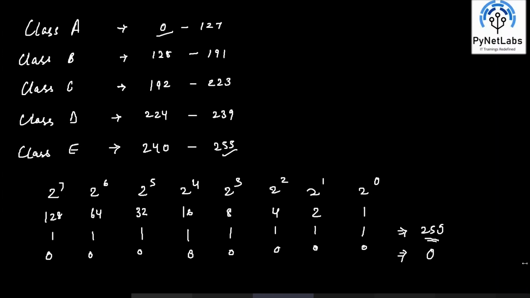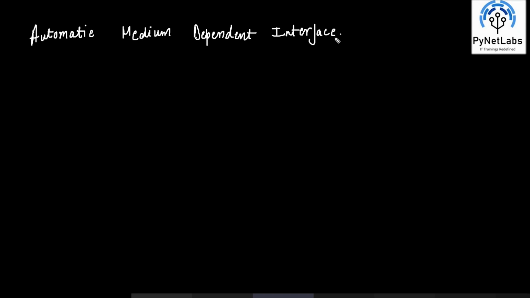Auto MDIX stands for automatic medium dependent interface. This is the full form of auto MDIX. Someone was asking, and what it does is it makes communication possible between devices even when they are not connected with the type of cable we just discussed.